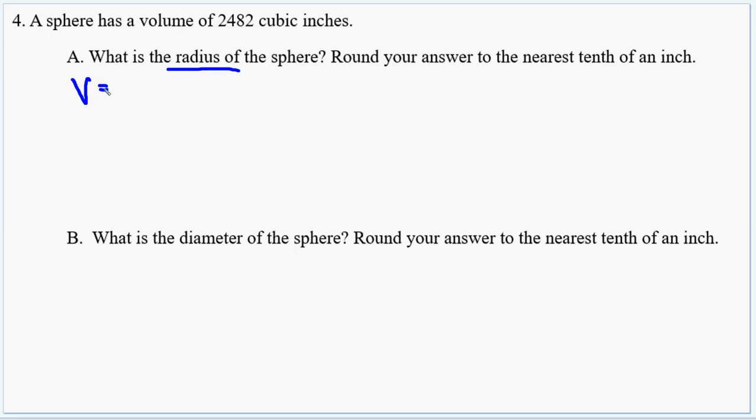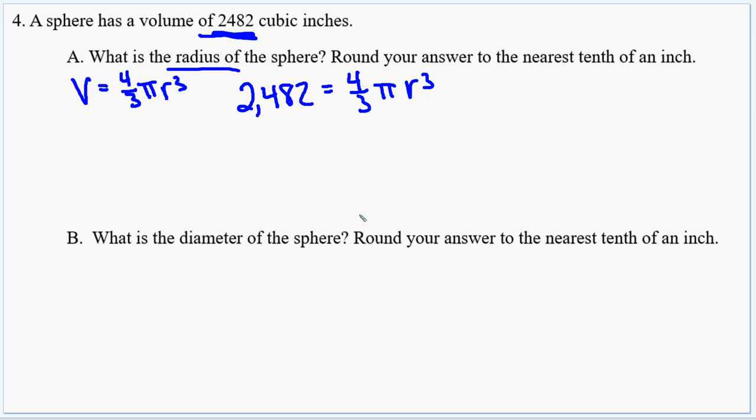So once again, we're just going to use volume is 4/3 pi r cubed. Our volume is given as 2,482. That's equal to 4/3 times pi times our radius cubed. So I'm going to bring down the 2,482. I'm going to put it as a fraction over 1, because again, we could divide both sides by 4/3, and dividing by 4/3 is like multiplying by the reciprocal 3/4.